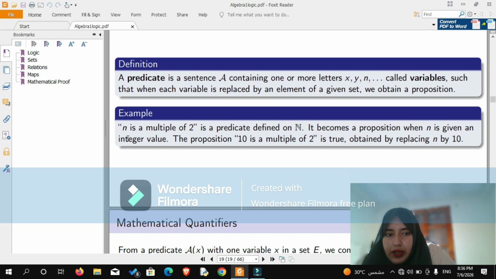If we replace n by 4, 4 is a multiple of 2, that's a true proposition. If we replace it by 1, 1 is a multiple of 2, that's a false proposition.